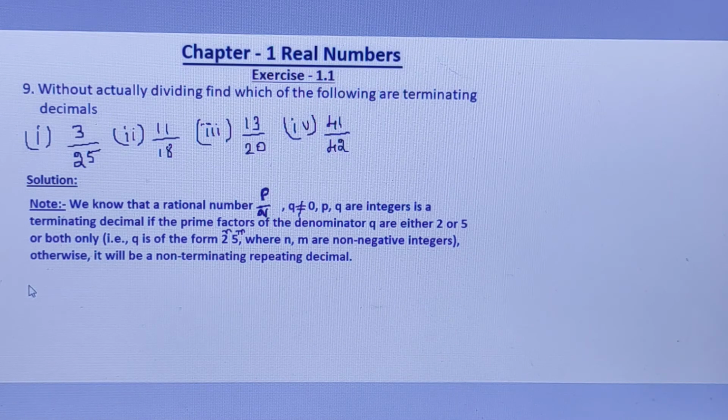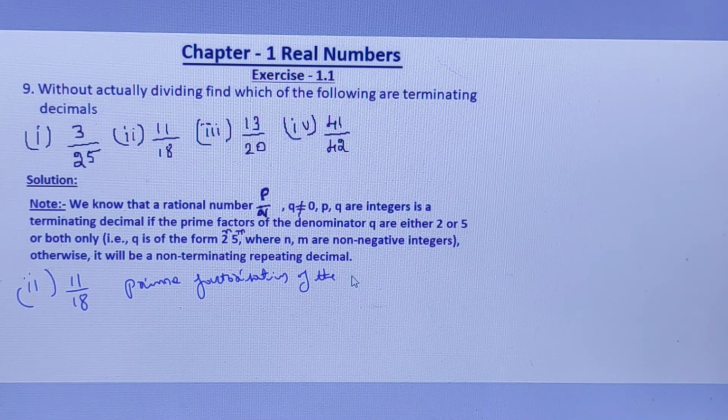Solution to the second one, 11 by 18. Prime factorization of the denominator 18 is equal to 2 into 3 into 3, that is 2 into 3 square, right?